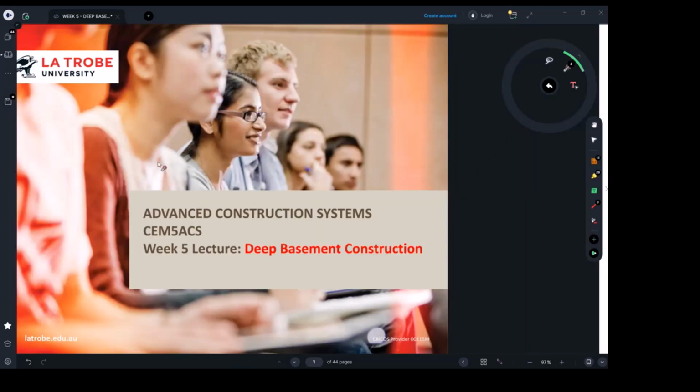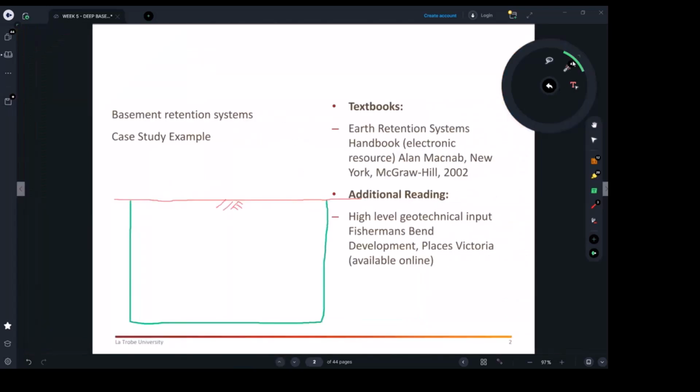So again, this is my basement. If I drew it, usually we're going to show you how to put in a retention system. You're going to be putting in piles and a concrete wall. There are going to be piles going deep into the ground, even below the basement level. When I was talking about the thickness of the wall and how big it is, it depends on how deep the basement or excavation is.